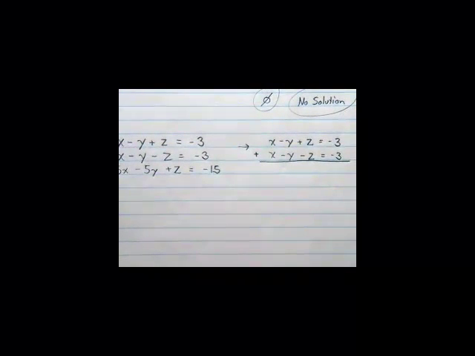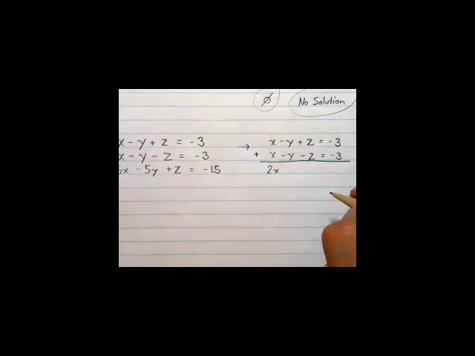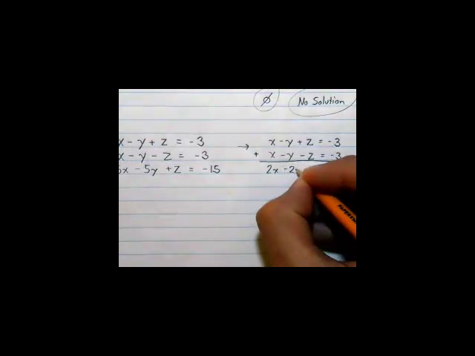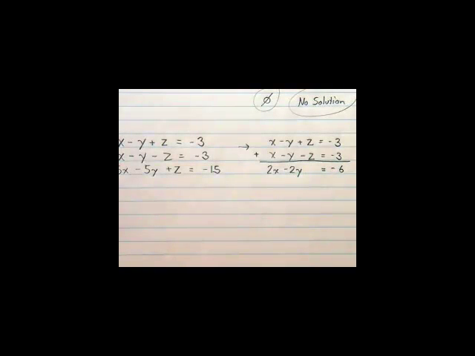So the x's, since we're adding, that's 2x. The y's would be negative 2y. And z's are gone. And then equals negative 6, actually. Yeah, because we're adding and not subtracting. So, all right. So we've got one equation with x and y now.